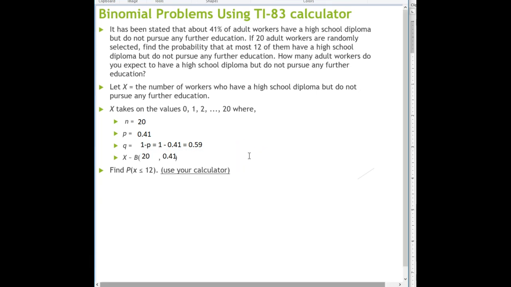Then the last thing we want to do is find the probability of what they ask: find the probability that at most 12 of them have a high school diploma. So at most means that X is less than or equal to 12. So let's go ahead and use our calculator.